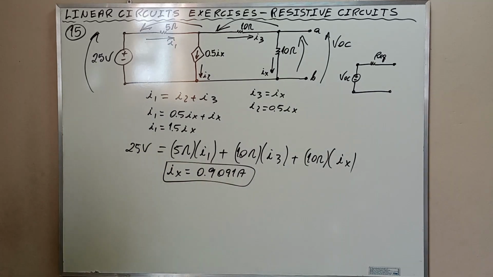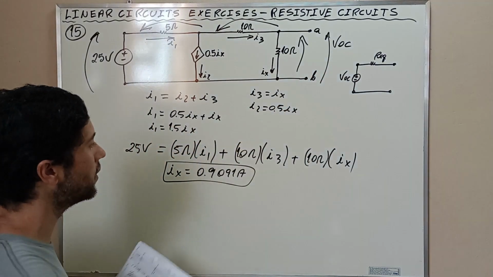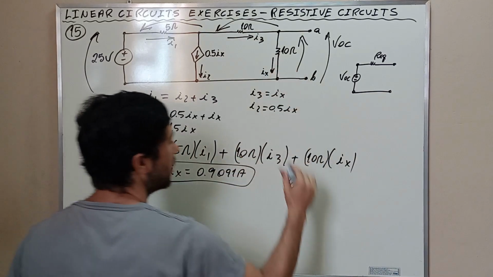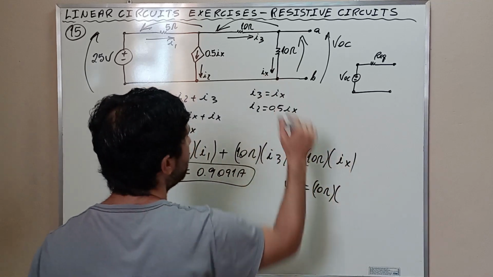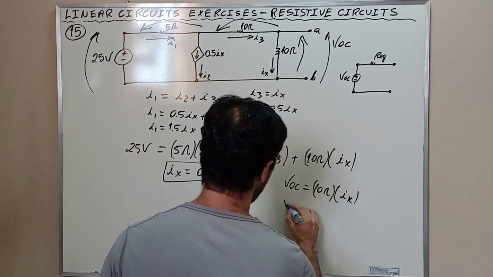But the exercise doesn't want us to calculate the value of Ix. The exercise wants us to go further and calculate the value of the open circuit voltage here. The open circuit voltage is going to be equal to the multiplication between 10 ohms and the value of Ix, which we found here.